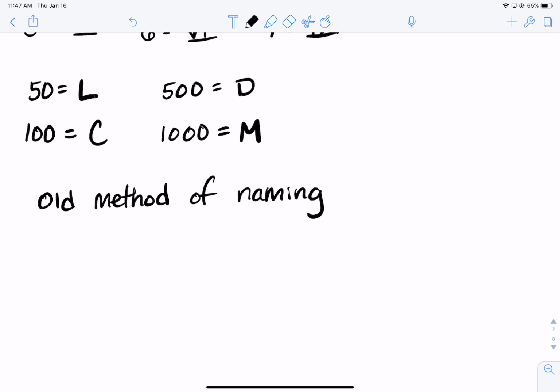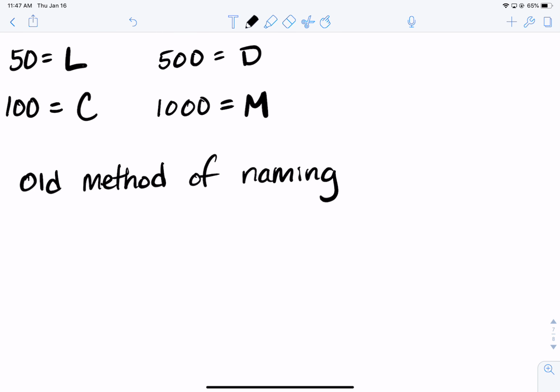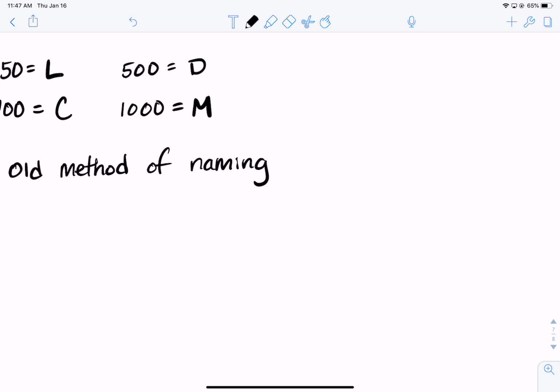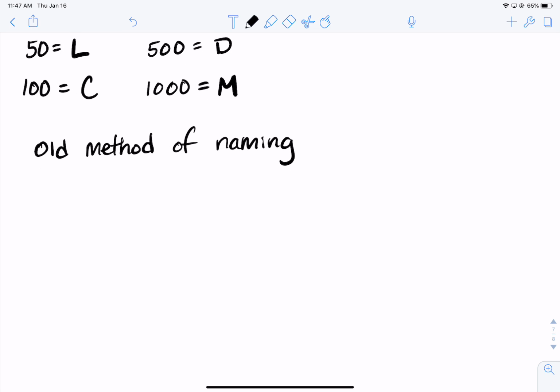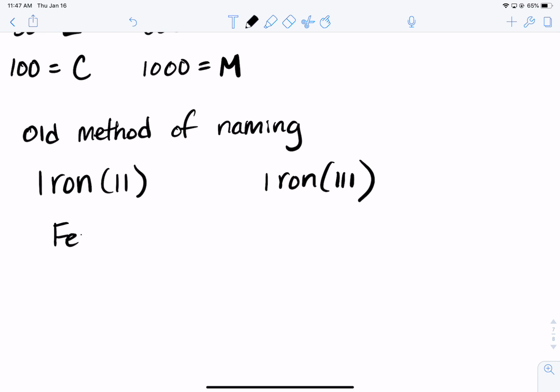And the old method of naming, so you know how we have iron 2 and we have iron 3. In the old school method of naming, this is called ferrous, and this is called ferric.